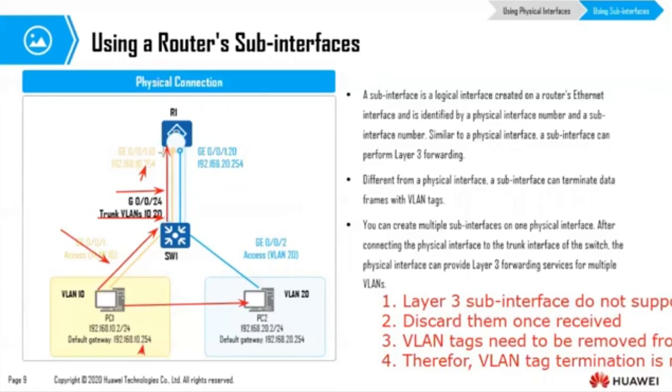Very well. Now, when it reaches here on this sub-interface GE0/0/1.10, the first thing it will do is to remove that tag. So that is what we call VLAN tag termination. We are terminating the tag. We are removing it. After removing the tag, it will simply look at the destination IP address, then route it just like it will do any other IP packet.